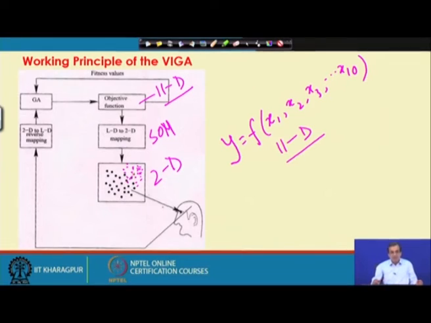So, this problem information is given by the user to the GA.